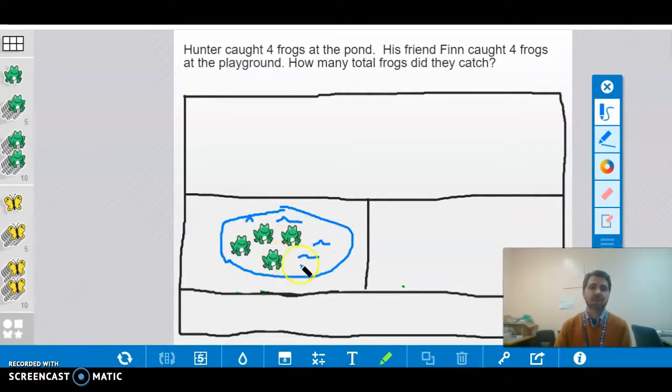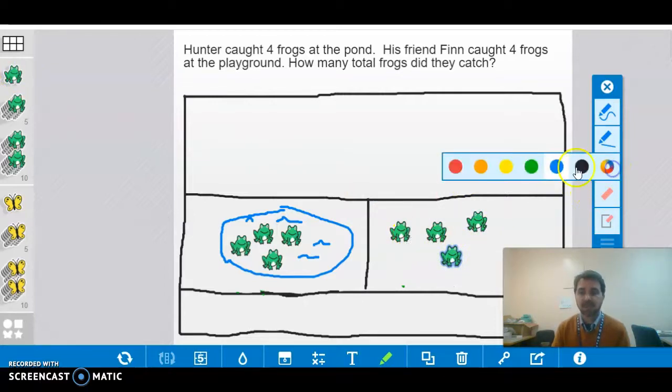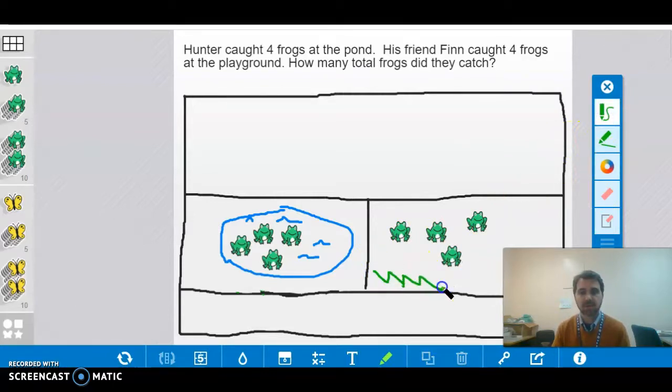So there's 4 frogs at the pond, and then Finn caught 4 frogs at the playground. All right, so I'm just going to do green frogs. I don't think there is such a thing as a yellow frog or a red frog. So we'll just do green frogs. All right, and this was at a playground. Okay, so maybe I'll do some grass here again. Show the playground. You know, remember, we're trying to visualize what's happening, right? This is the playground. Okay.